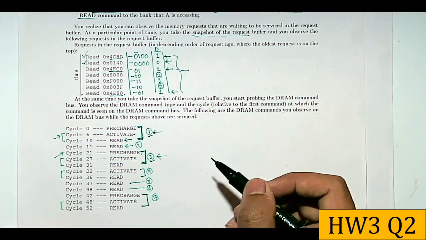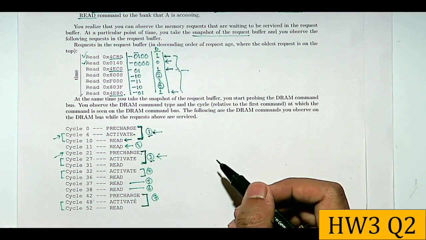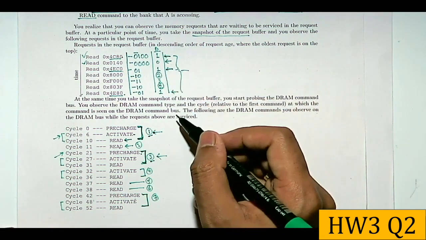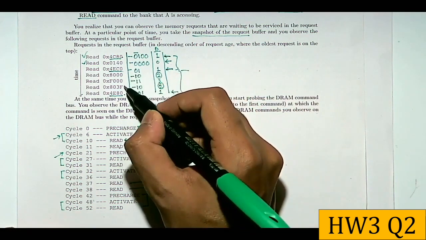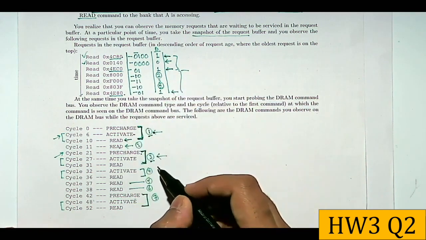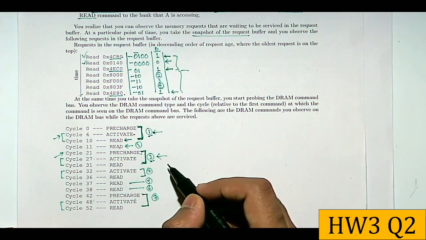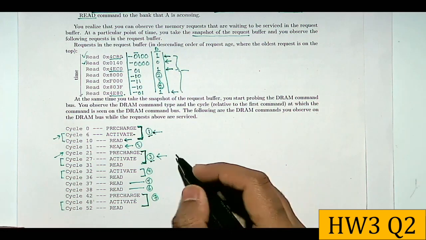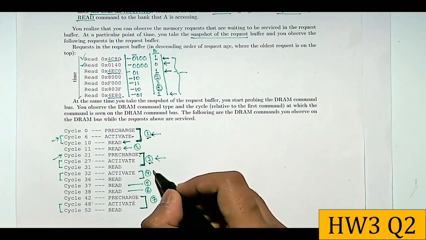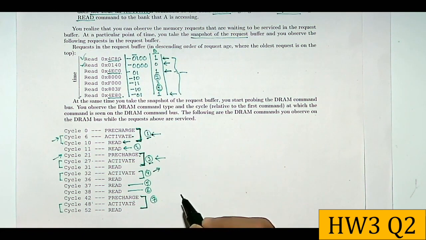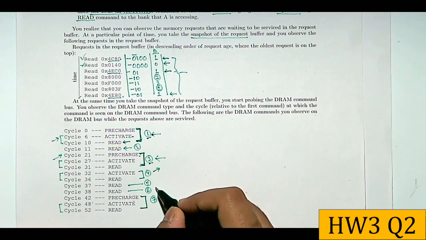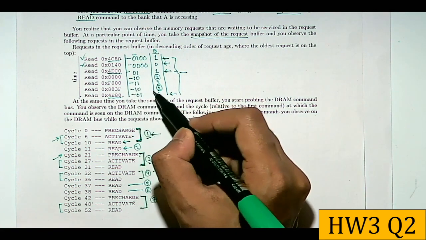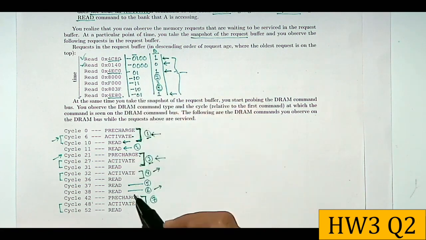Now we see that these two are basically 800 and 803F. Let's see. Oh, am I making some mistake? No, okay. So 800 is this one, and 803F is this one. If you see the access number, this access, 803F, is last but 1.